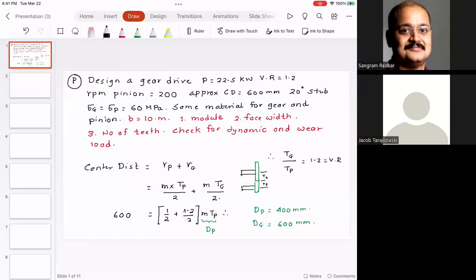This is the radius of the pinion. That should be equal to the center distance. Radius of the gear is the pitch circle diameter, which is module multiplied by number of teeth divided by 2. So we substituted that equation and finally found out the diameter of the pinion, and we found out the diameter of the gear.